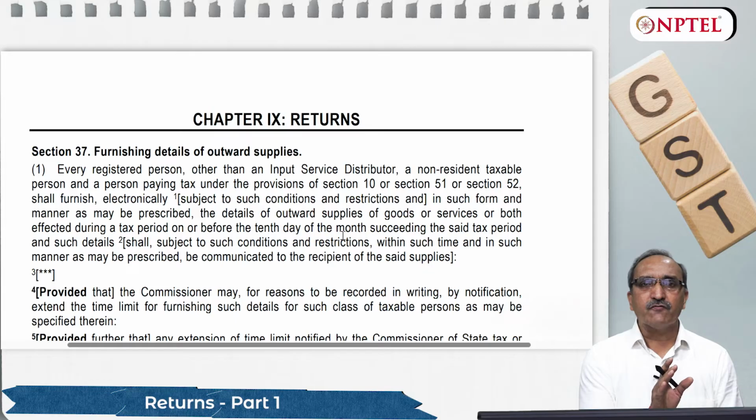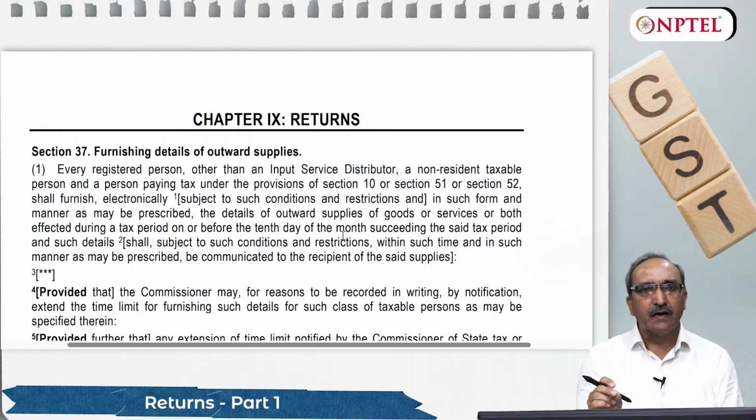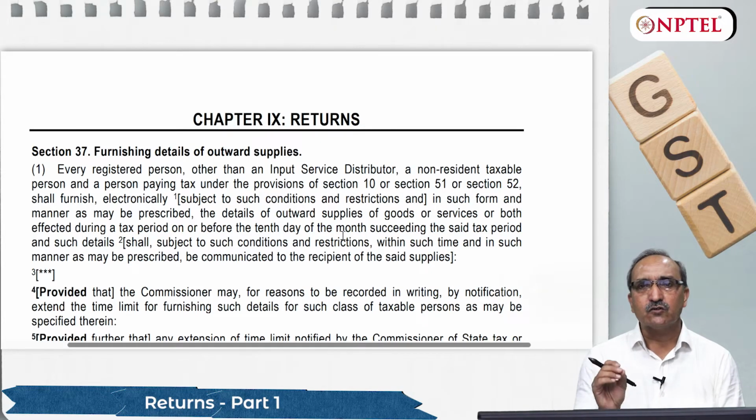So if you are in the month of July, whatever quantity of goods or services you have provided to your buyers or customers from 1st July to 31st July shall be furnished electronically as per the format made available to you before the 10th of the next month, meaning before the 10th of August. Now this 10th of August date has been changed, it is now 11th of August. So there is an amendment, so it is the 11th of the next month.